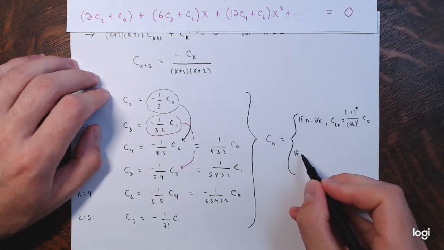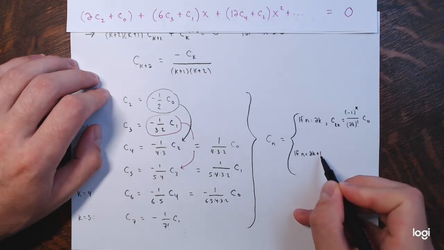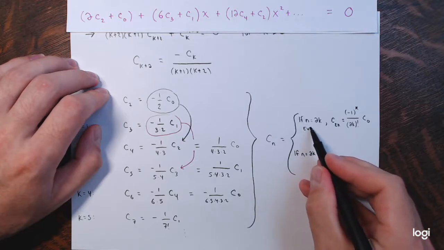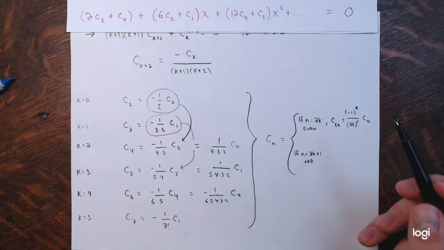And if n is equal to some odd number, which can be represented as 2k plus 1, so even up here, odd indices down here.